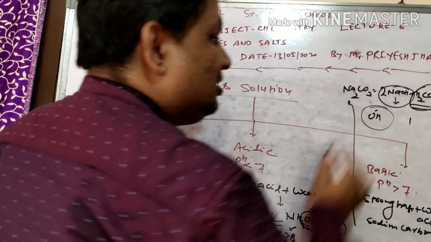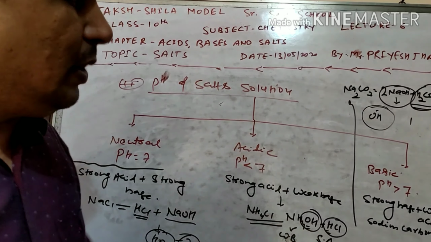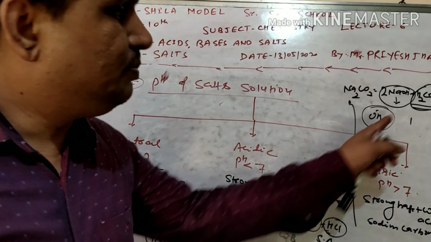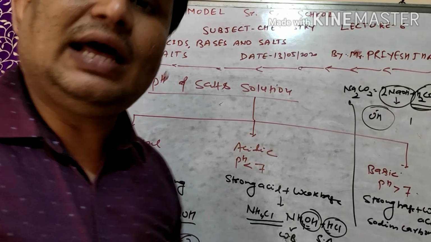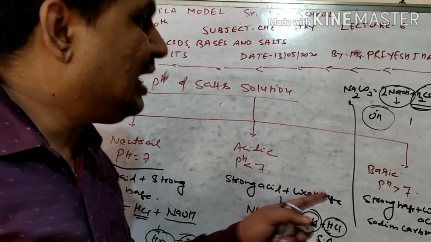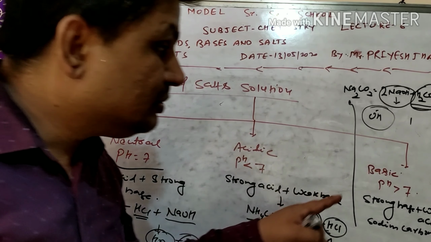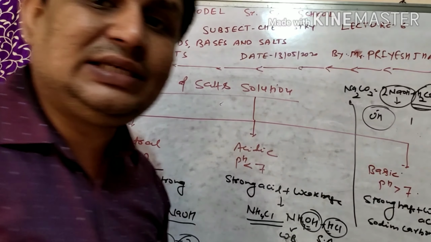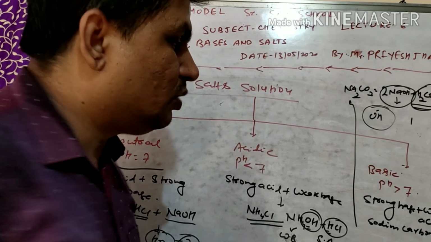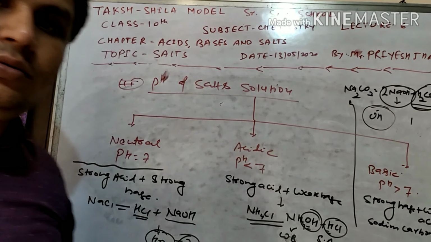So in this case the concentration of hydroxyl ions is very large as compared to the concentration of hydrogen ions. So due to the high concentration of hydroxyl ions, sodium carbonate is basic in nature and its pH will be more than 7, and it generally converts red litmus into blue.